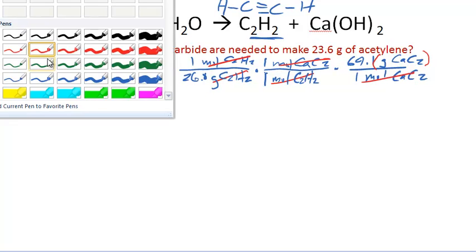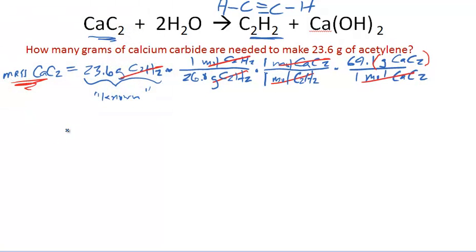So when you divide 23.6 by 26.0, this whole thing is just a big 1, so that doesn't change anything since we're multiplying by it.